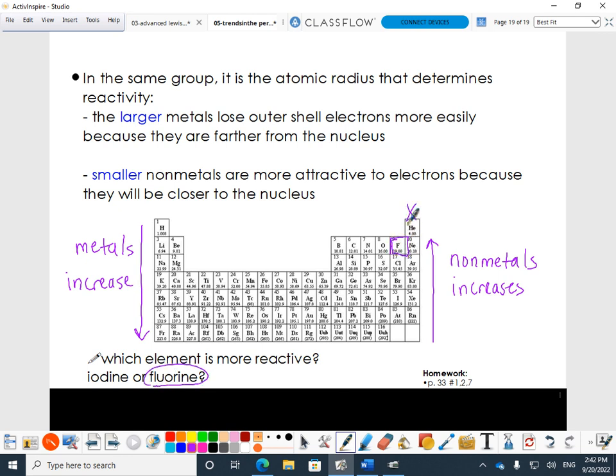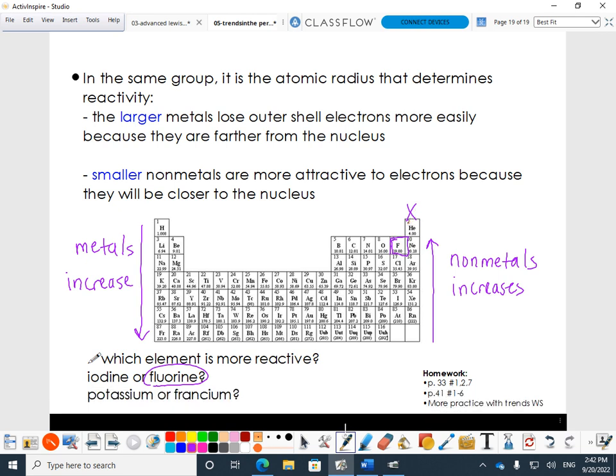Again, sort of ignoring the noble gases. And then what about a metal, potassium or francium? So francium is Fr. Okay, so one of the ways you can summarize is F for fun.